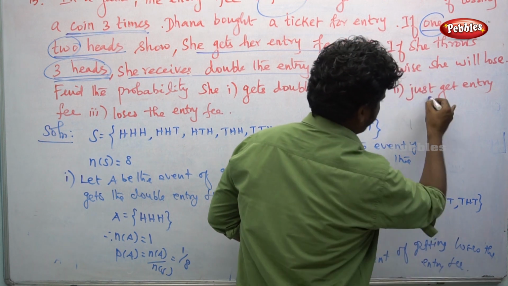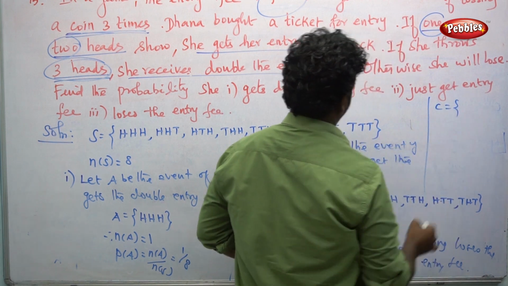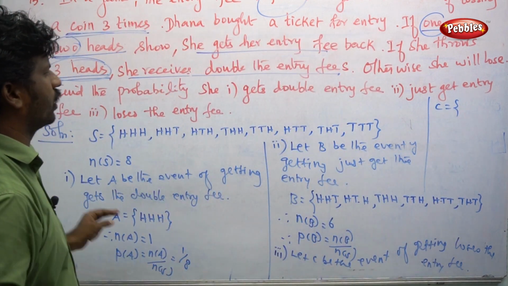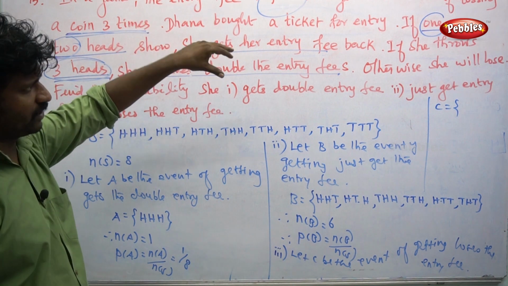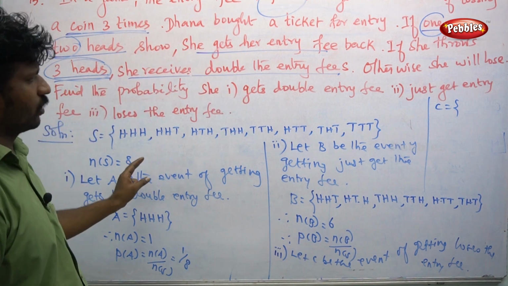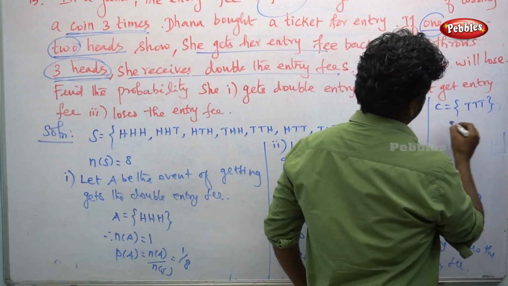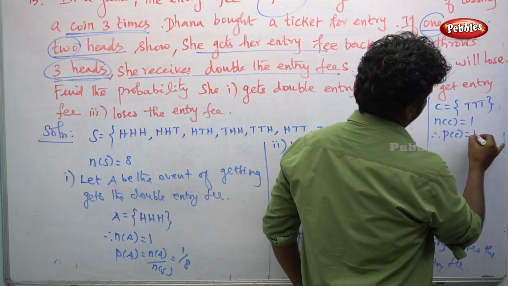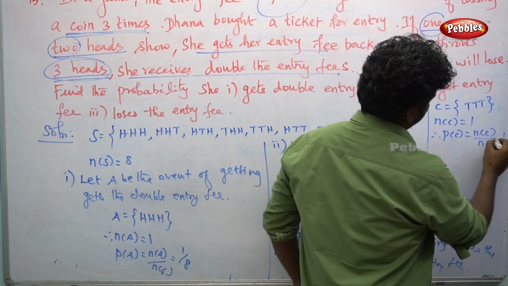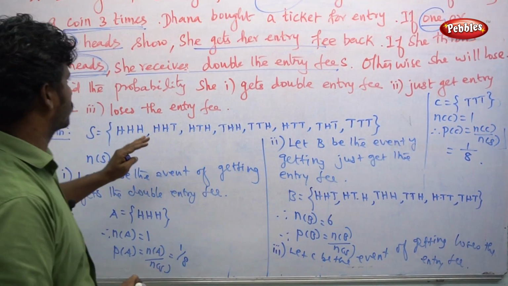So the set C is equal to, loss அப்படினா head வரக்கூடாது, right? From the other conditions, otherwise she will lose அப்படினா head வரக்கூடாது இல்லையா? அதனால இந்த tail வர்றதை மட்டும் எழுதிக்கிறோம். So the n of C is equal to 1, therefore P of C is equal to n of C by n of S, this is 1 by 8.